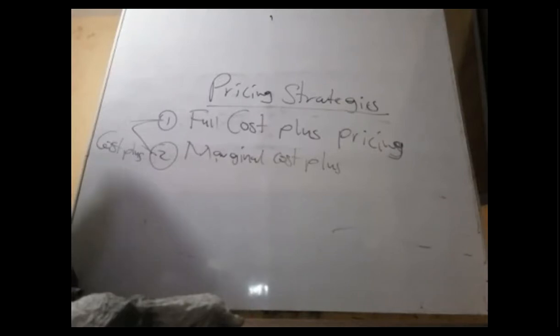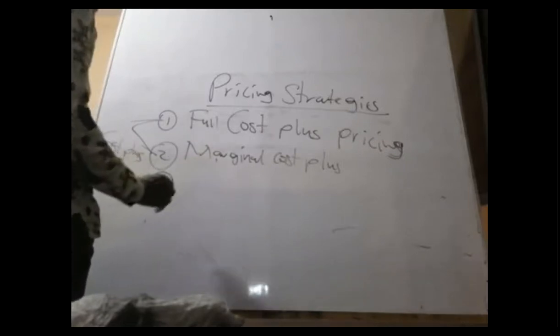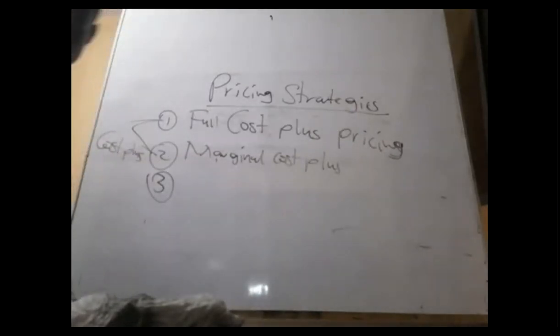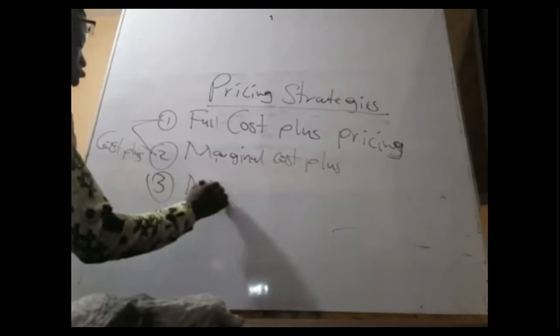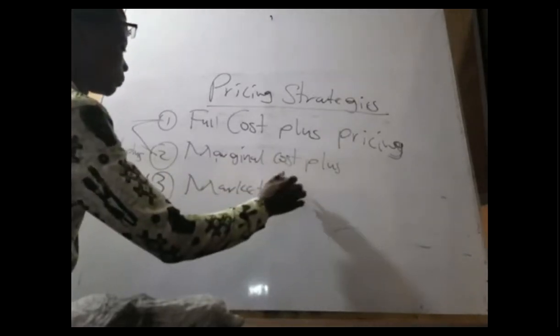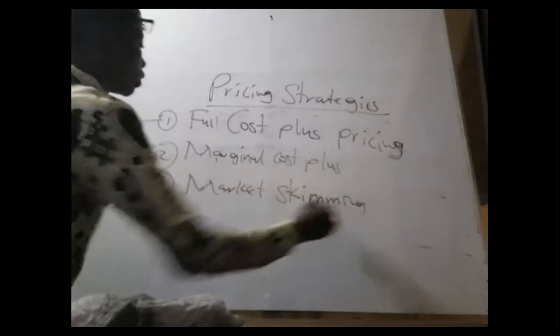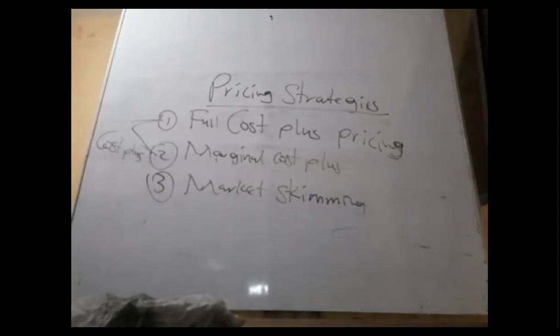Now the next one that we look at is the popular one, that is price skimming. That's the most popular one. We call it market skimming. I'm going to skim the market. Market skimming pricing.